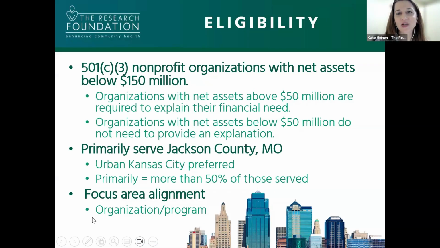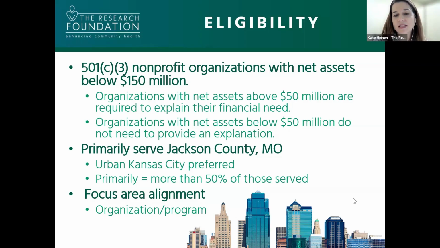We'll go right into talking about the eligibility for year 4, which has not changed very much, as you'll see if you've attended a previous info session. This is going to look pretty familiar. So the main piece is that applicants must be a nonprofit organization, not pending 501c3 status, need to have 501c3 status with net assets below 150 million.